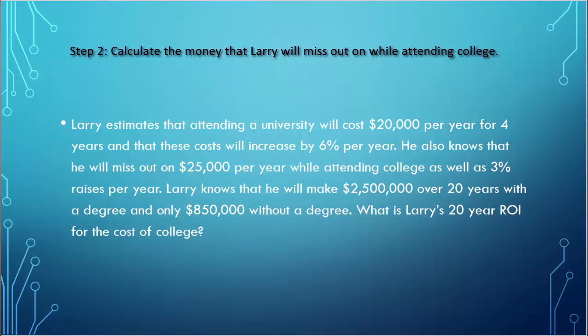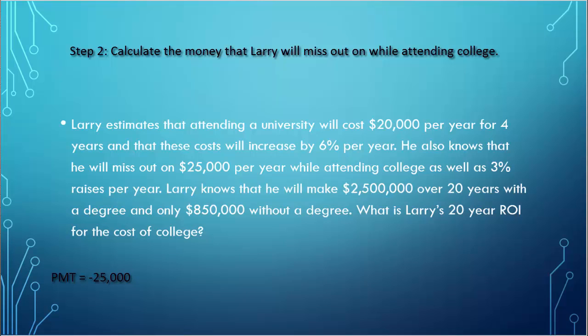Step 2. Calculate the money that Larry will miss out on while attending college. This is the opportunity cost of getting an education. We know that Larry will miss out on or forego $25,000 per year while he attends college because he will not have time to work and go to school. That means that $25,000 is a payment because it occurs multiple years. This number is also negative because it is money that will be missing from Larry's pocket.